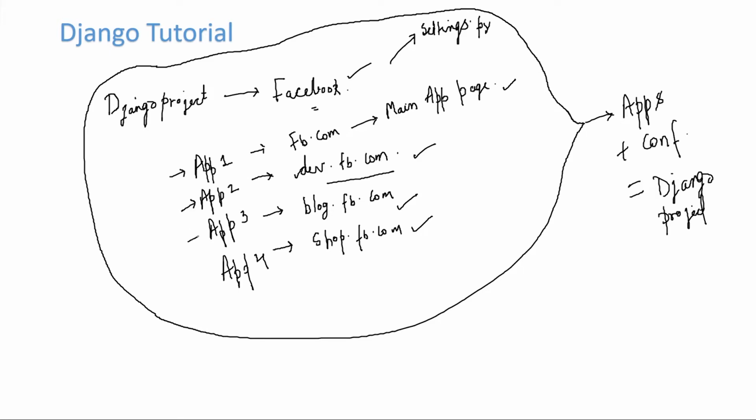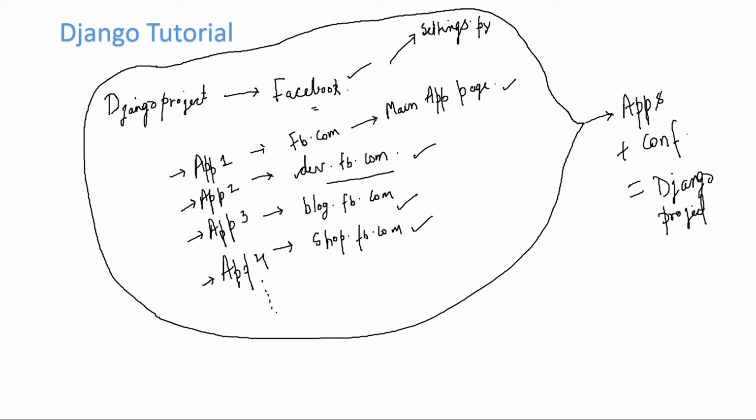It might be a website where people can come and comment on the blog posts from various developers or various leaders at Facebook, and it might be a place where people come to shop for products. So it might be a shopping store. So these are the 4 apps. We might have even more apps. A project can have multiple apps. So this is how a Django project and Django app works.